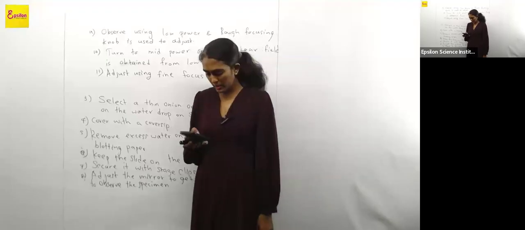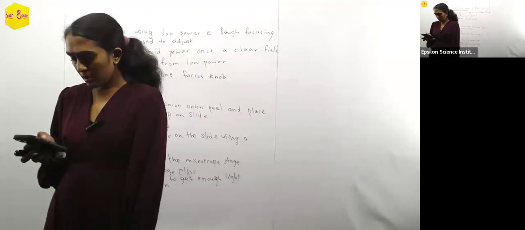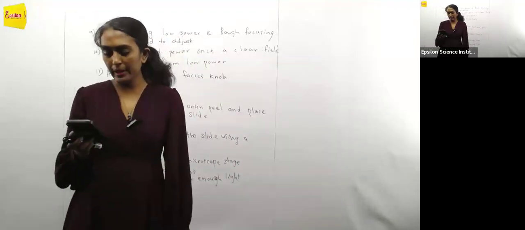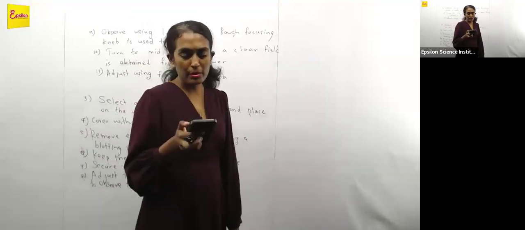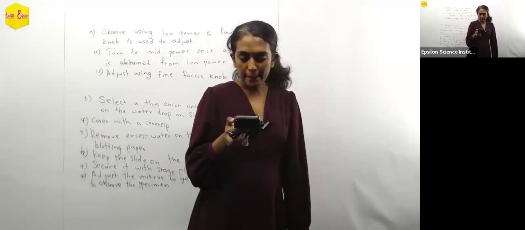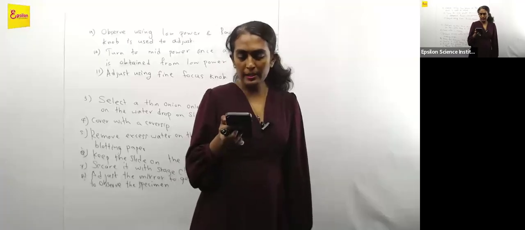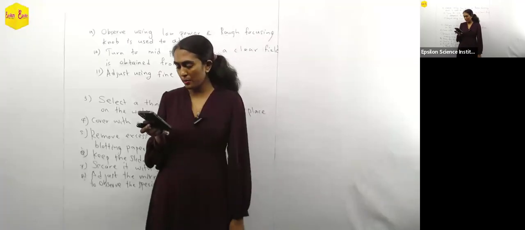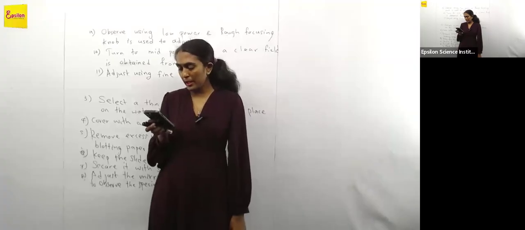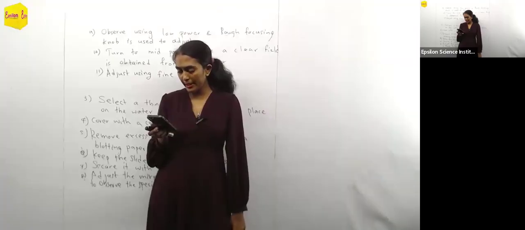Next one. A student was provided with an epidermal peel of onion mounted on a glass slide and a light microscope. State in correct sequence which steps should be followed to observe the shape of an onion epidermal piece under light microscope.